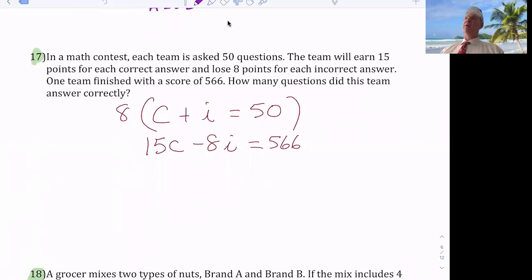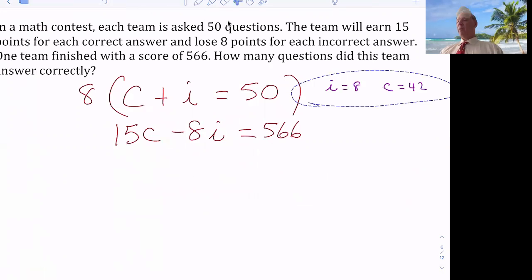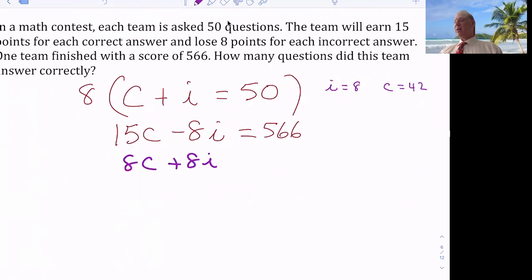All right, tell me. I got incorrect equals 8 and correct equals 42? Yes. I'm not saying he's correct, so help me. Is that good? Everybody good? All right, can you do this one? Yeah, so now you guys got to just make sure, if I multiply the top by 8, that's 8c plus 8i equals 400.